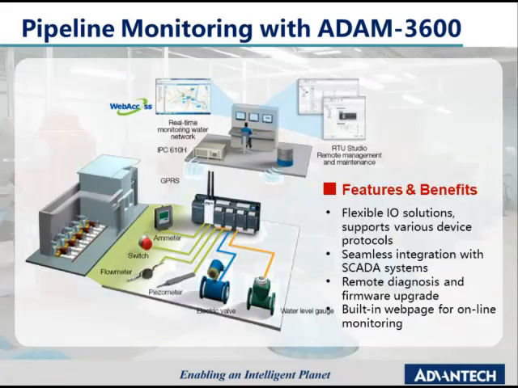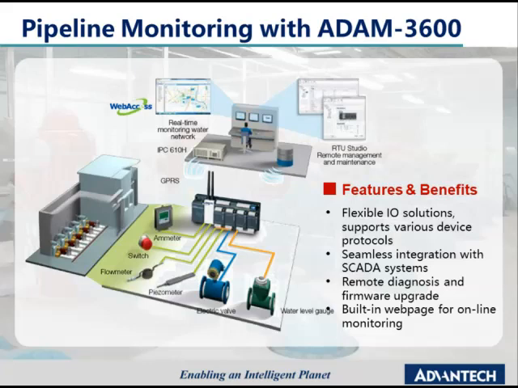As shown in the slide, Advantech 3600 does pipeline monitoring. The data from the electric valve, water gauge, and flow meter could be collected to the Advantech 3600. It has a flexible I/O solution and supports various device protocols to realize seamless integration with the SCADA system.